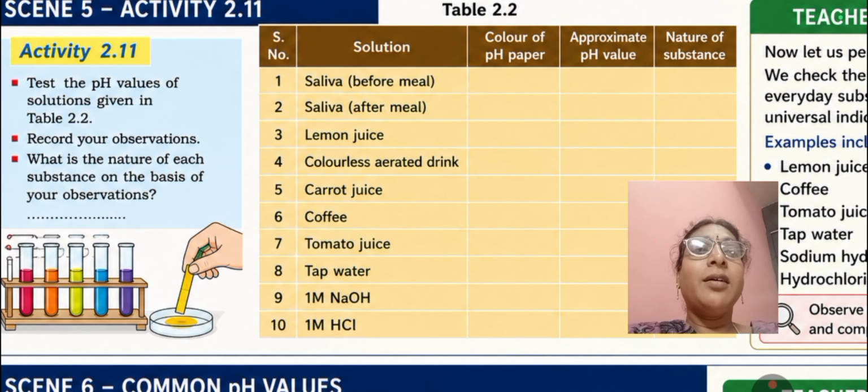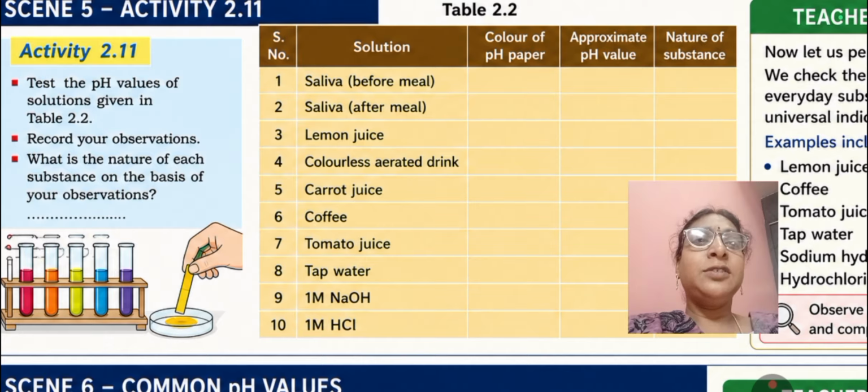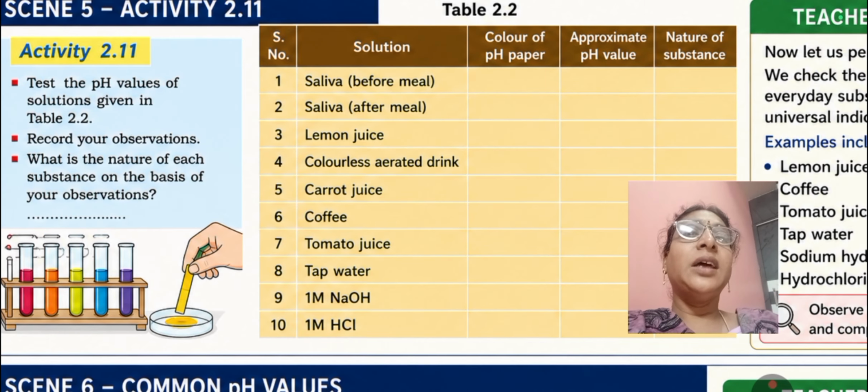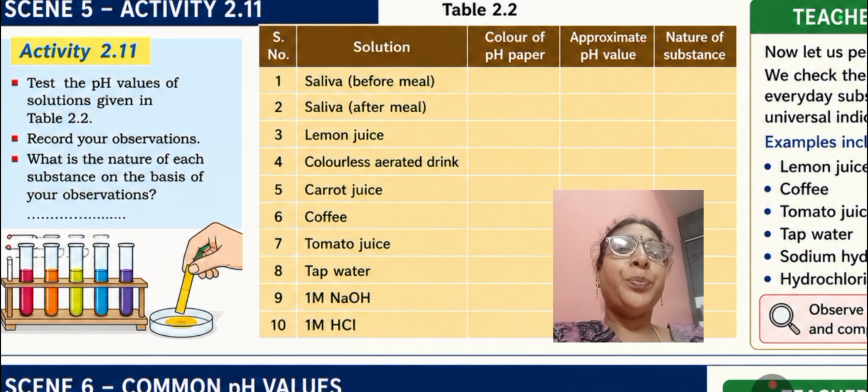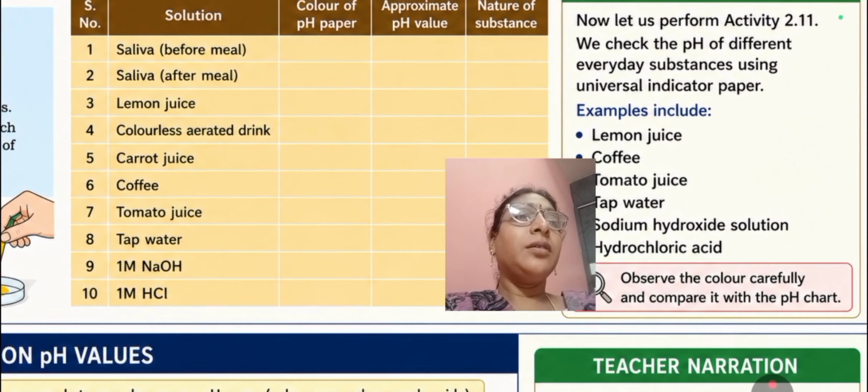We have to record our observations and decide the nature of each substance on the basis of them. We test these liquids and note three values: the color of the pH paper, the approximate pH value, and the nature of the substance. We note these three values in Table 2.2.